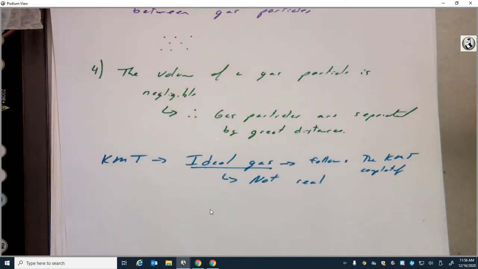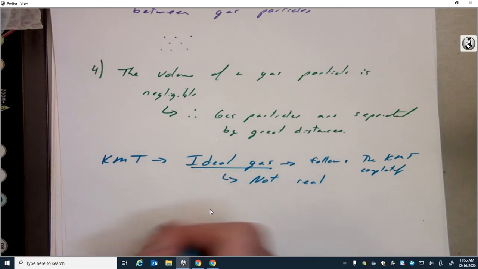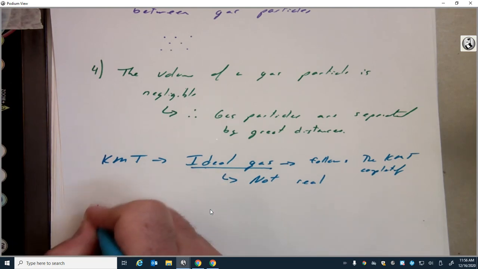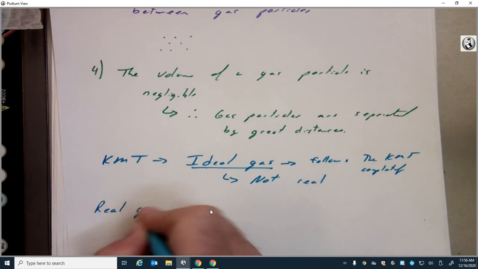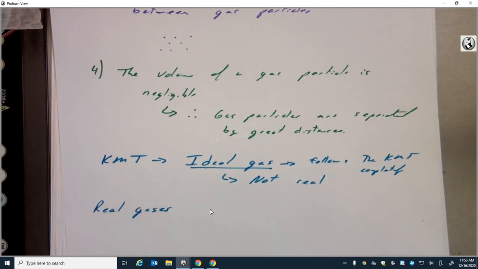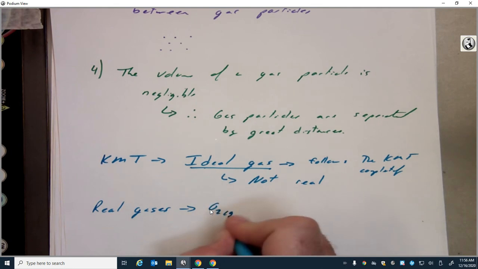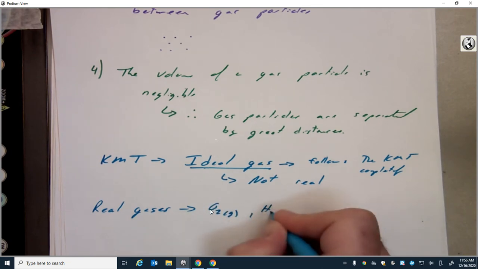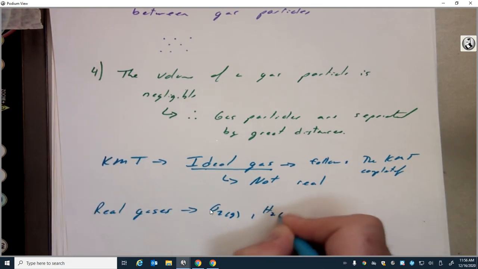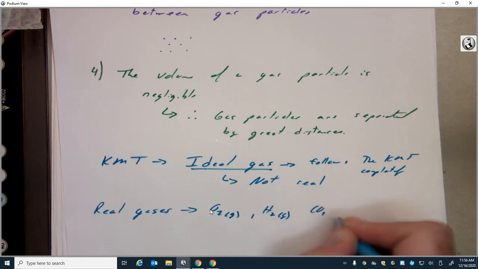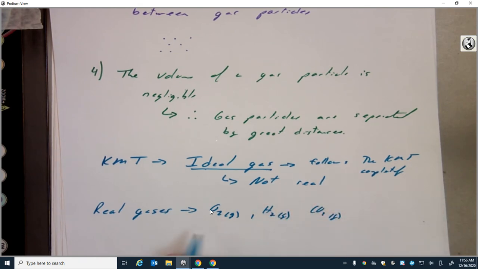Right now, there are problems. There are problems with the KMT when we start using real gases. So when I talk about real gases, I'm talking about, I don't know, O2 gas, H2O, H2 gas, CO2 gas. I mean, these are real gases, right?